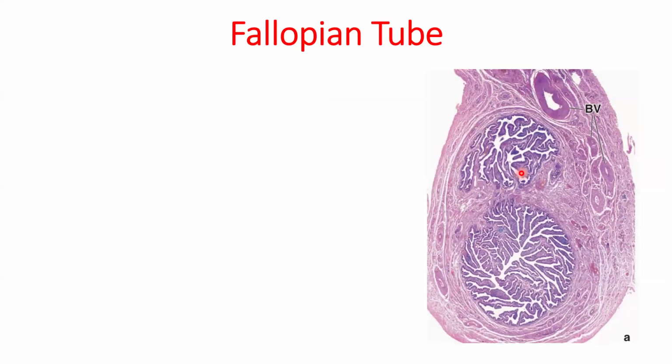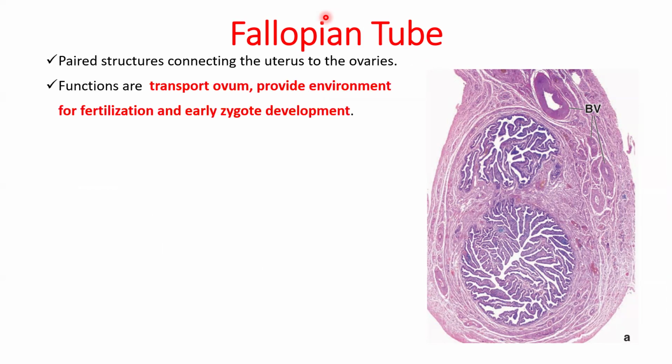The next structure that you're going to look at is the fallopian tube. At this point, I presume you already know that the fallopian tube connects the ovary to the uterus. They are paired structures connecting the uterus to the ovaries. And this is just a cross-section of it.